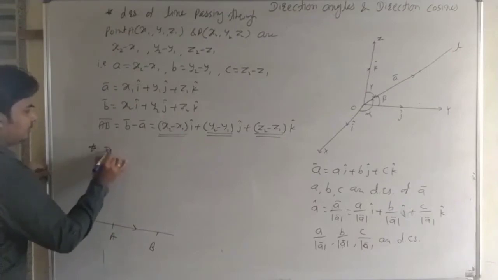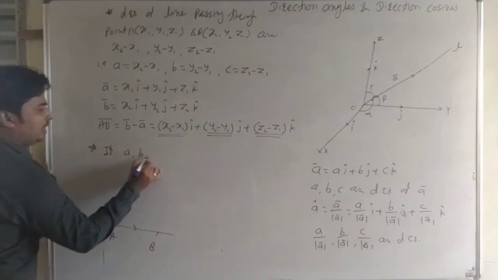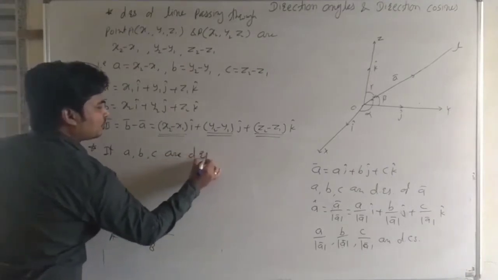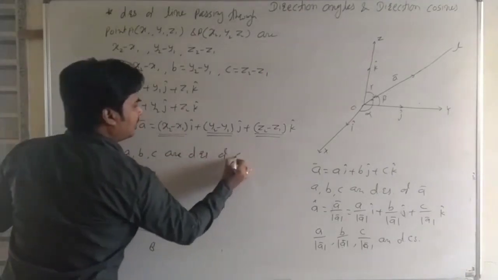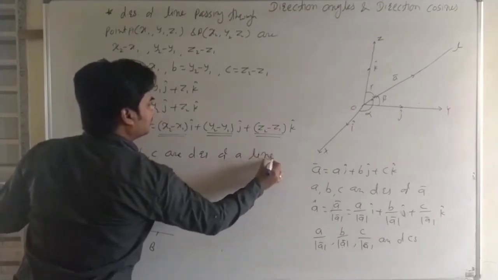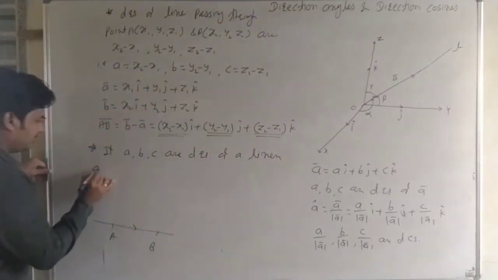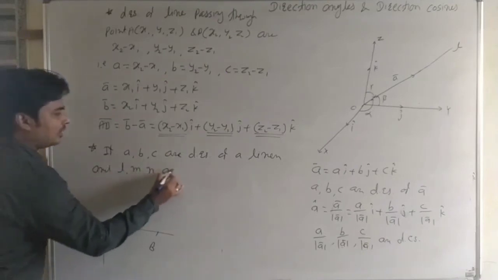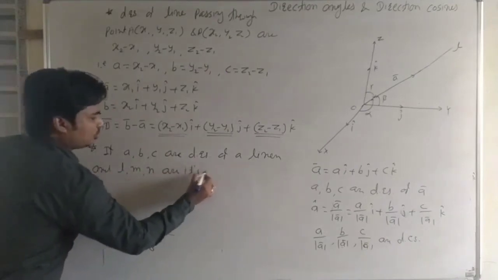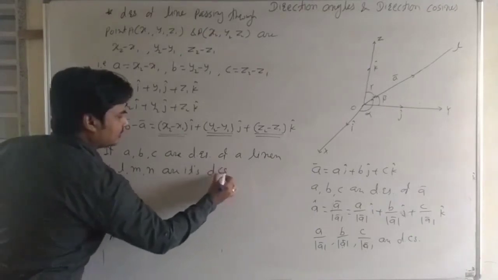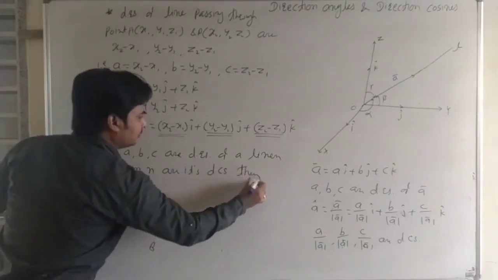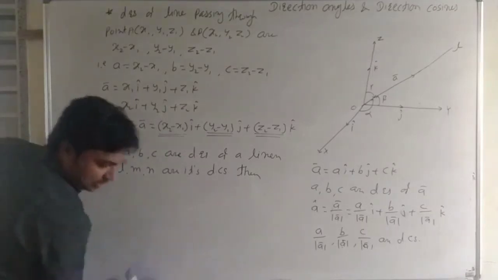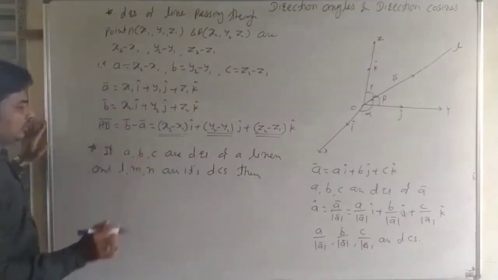Here, if a, b and c are direction ratios of a line and l, m and n are its direction cosines, then see carefully, these are the formulae used for solving the examples.